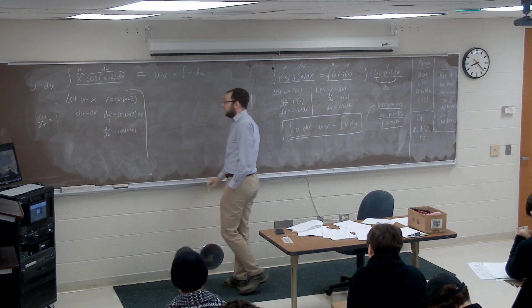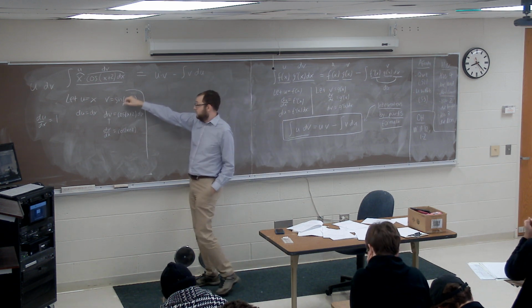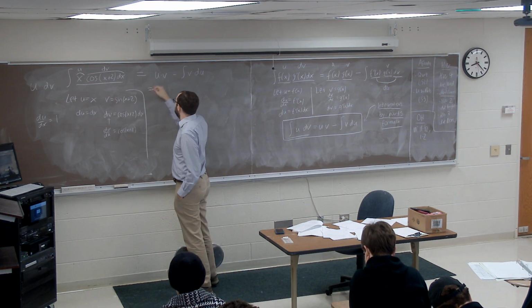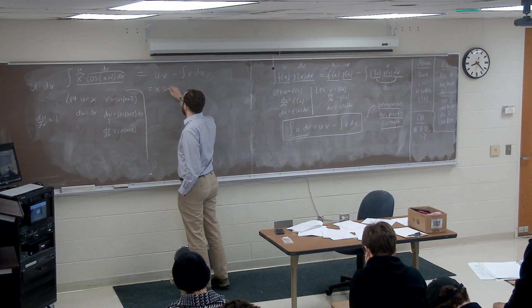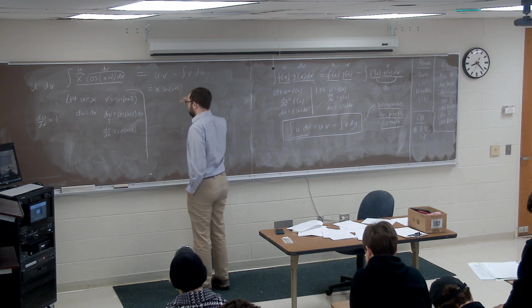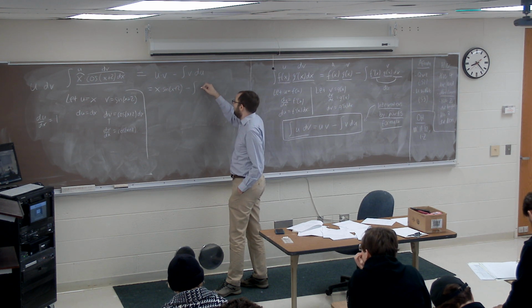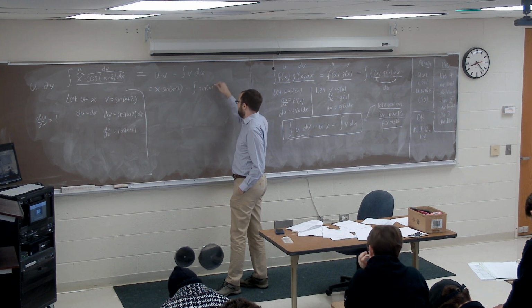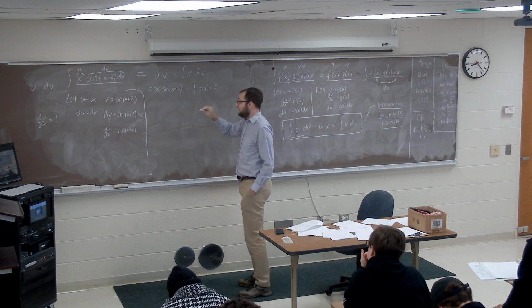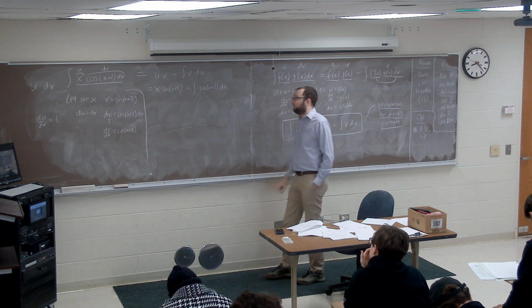Using what we've discussed so far, our u is equal to x, our v is equal to sine of x plus 2, minus the integral of v, which is sine of x plus 2, times our du term, where our du term is just going to be plain old dx.